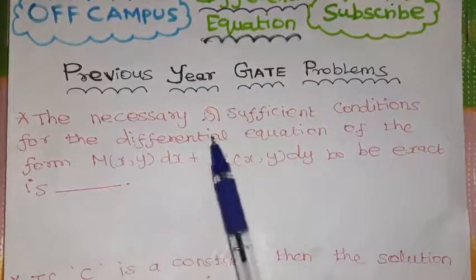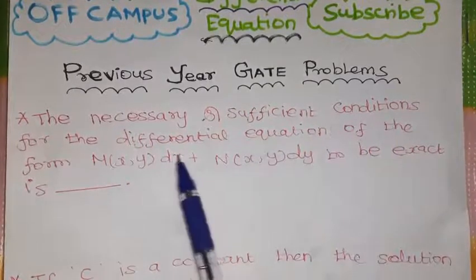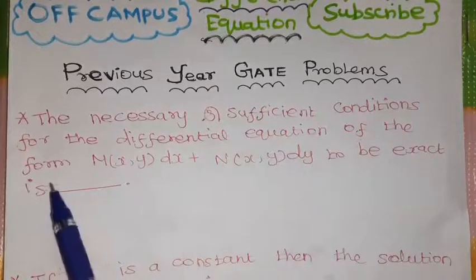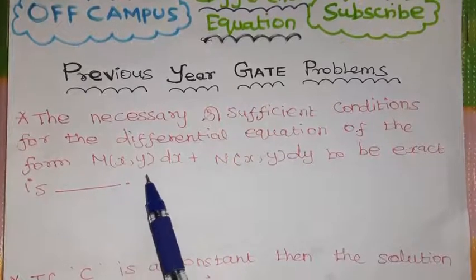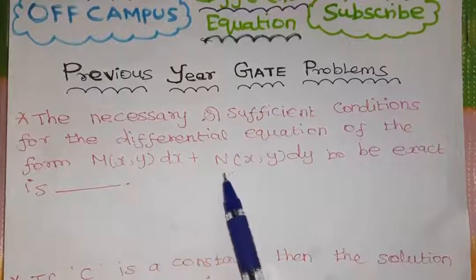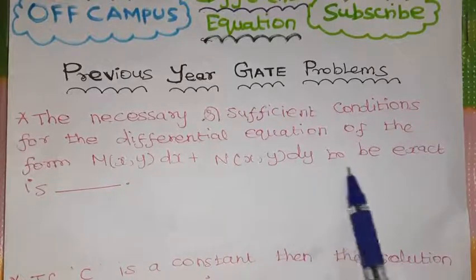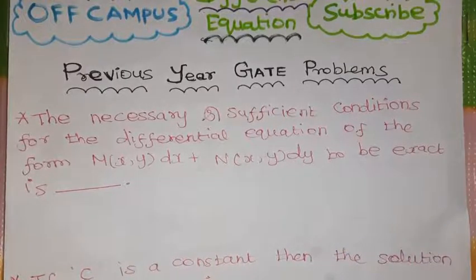The necessary and sufficient conditions for the differential equation of the form M(x,y) dx + N(x,y) dy to be exact. This is the form of an exact differential equation. What is the necessary and sufficient condition? This condition should be satisfied before proceeding.